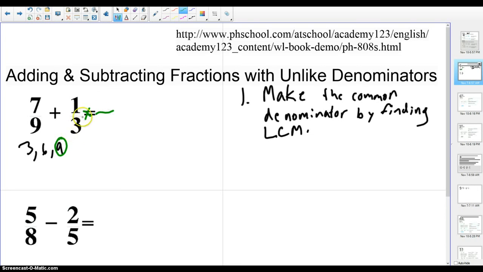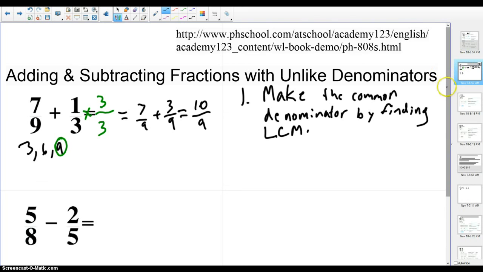So just like we were doing yesterday, we multiply the bottom by 3, and because we've multiplied that by 3, we need to do the same thing to the top. So our problem turns into 7/9 plus 3/9. Once we've done this, the bottom is going to stay the same, and we add the tops. So we get 10 over 9.